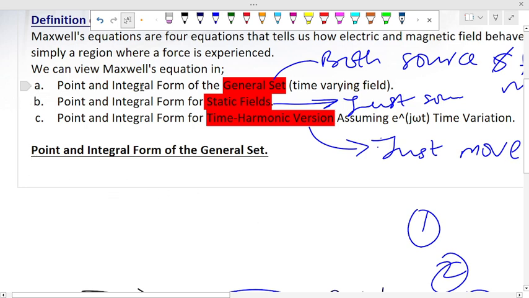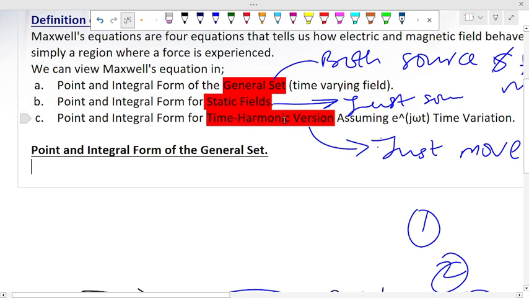Then when we say point and integral, meaning for each of the equations, I know this appears like much. So the general set is divided into two again: point and then integral. Static field, you're not divided into point and integral.